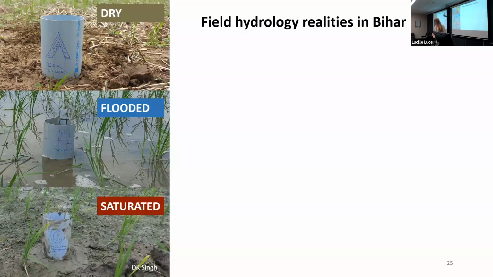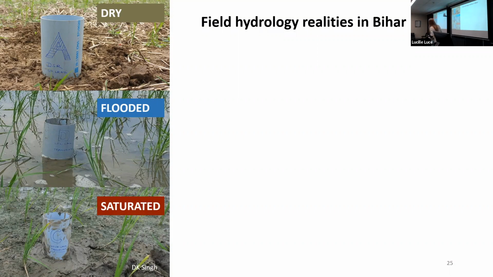All right, I'm going to share with you some field realities in Bihar related to hydrology. Now, I'll focus a little bit more on this aspect in today's presentation because it's often overlooked when we're looking at greenhouse gas accounting in these types of systems.